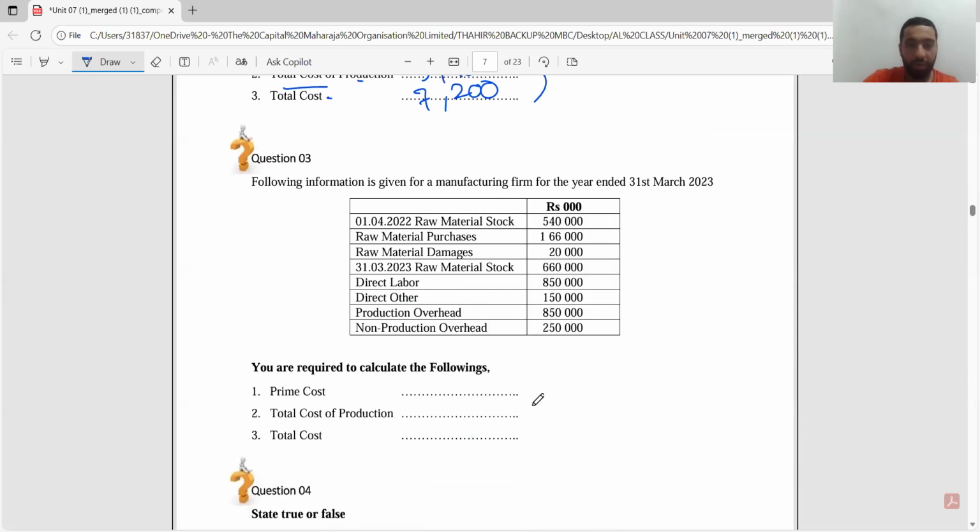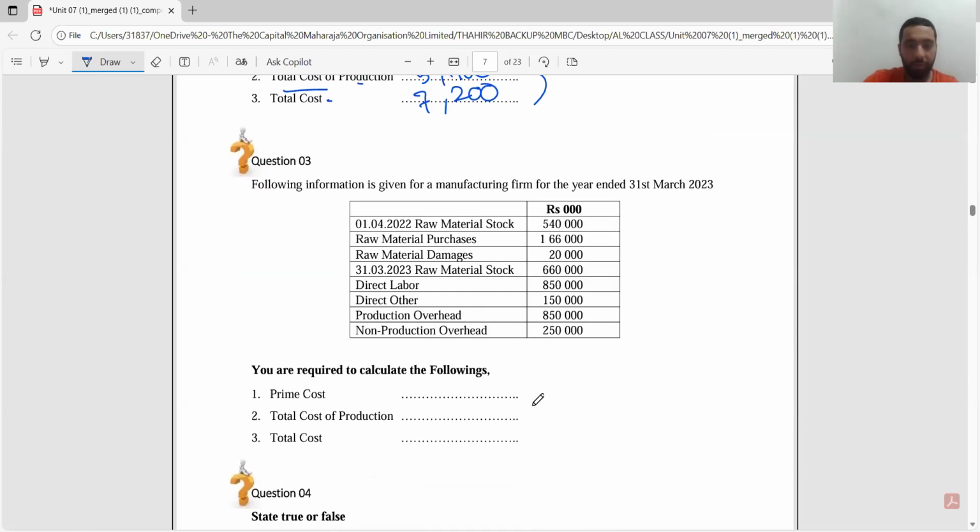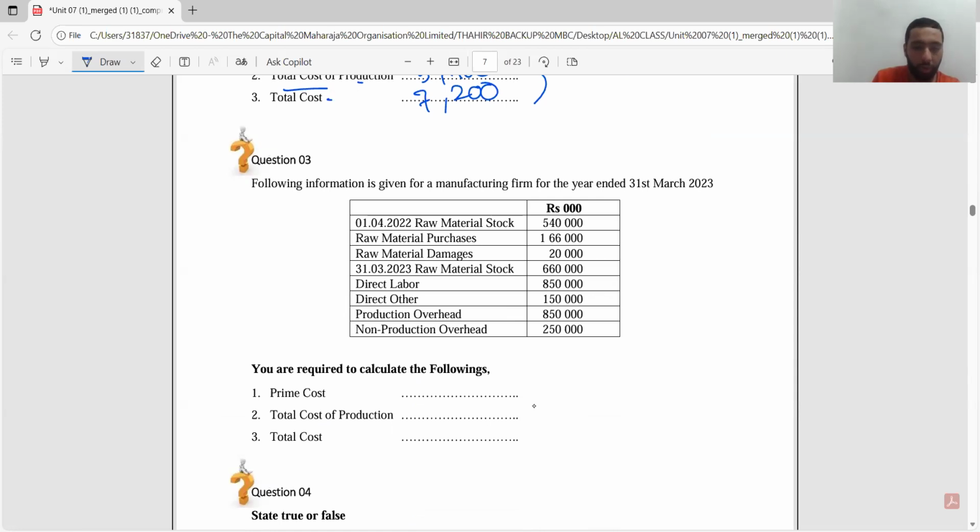Following information is given for a manufacturing firm. You are required to calculate the following. Come on, quick. Need quick answers.